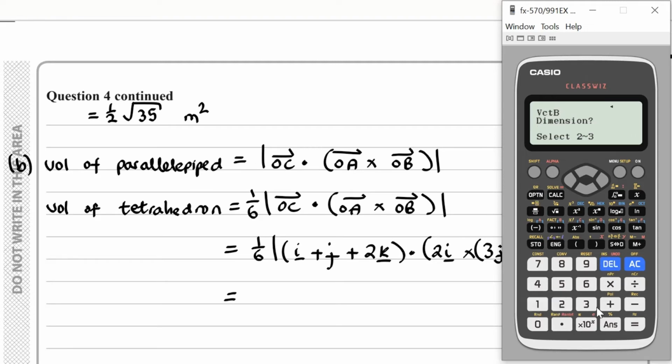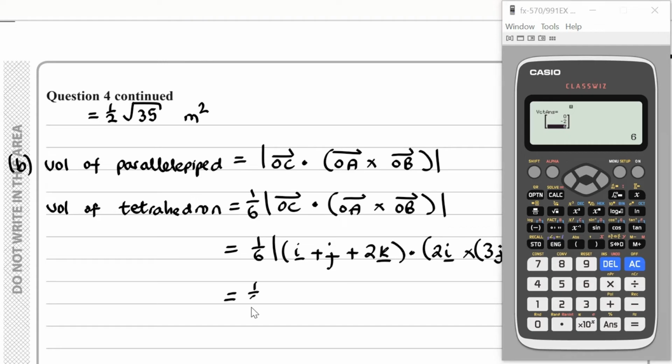The vector B is equal to 0, 3, 1. If we multiply those together, vector A multiplied by vector B, we end up with 0, minus 2, 6.